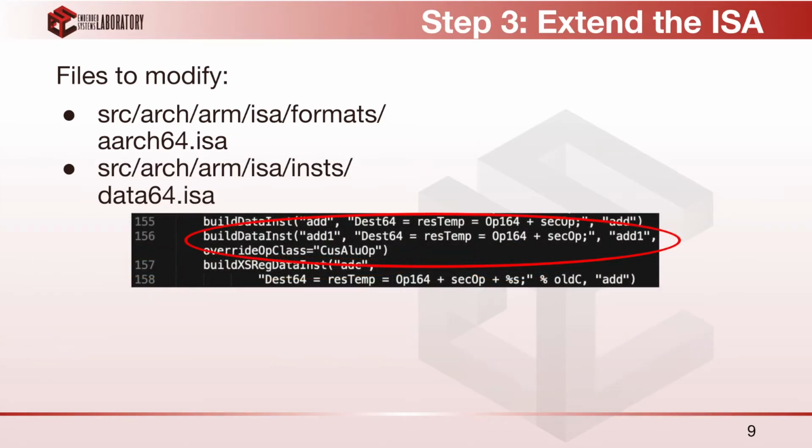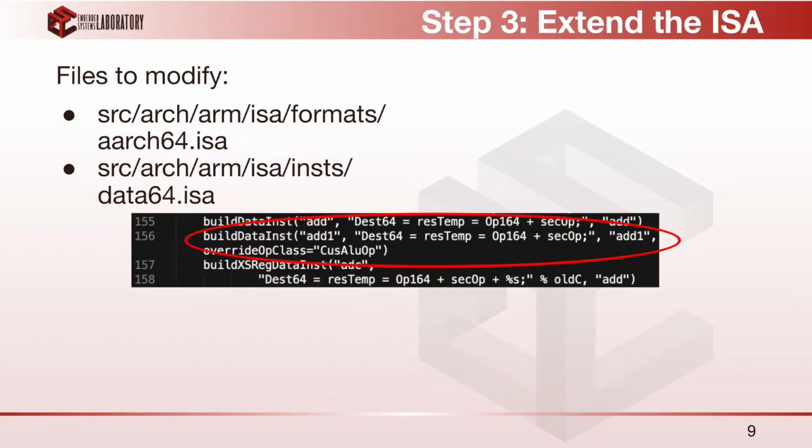Then in data64.isa, we actually define the functionality of our new instruction. ARM actually gives us helper functions to define new instructions with. This build data instruction uses one destination register, dest64, one argument register, op164, and then an immediate secop.